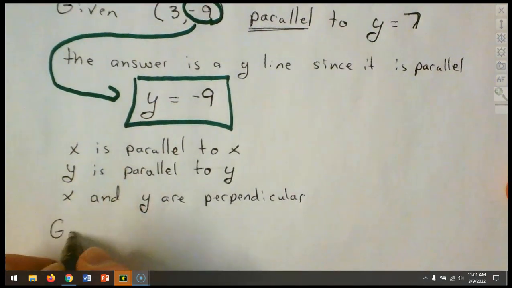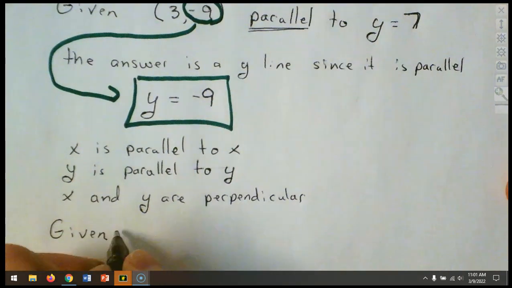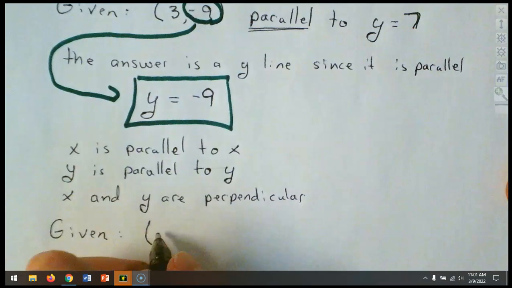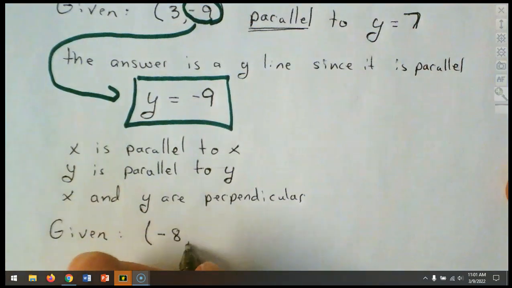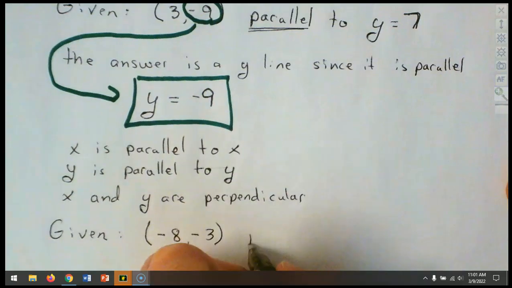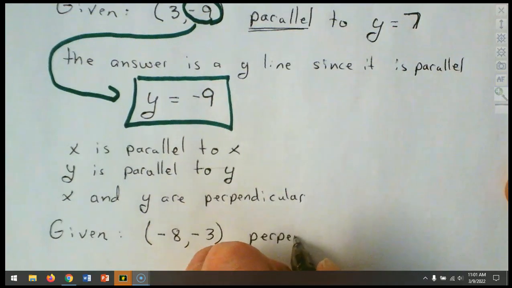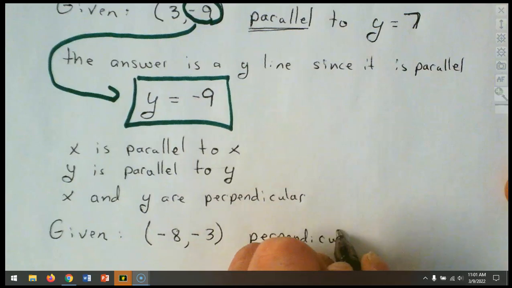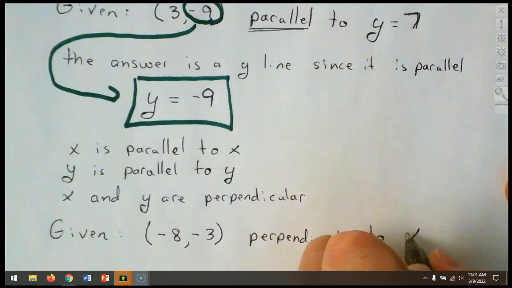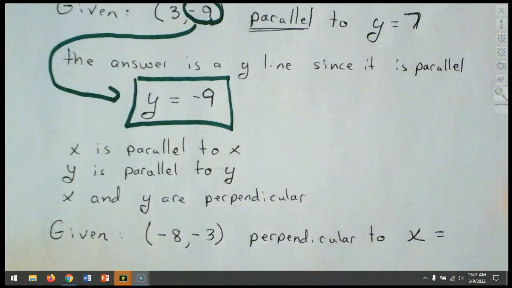So let's do another one, and we're going to have these in standard form again. And let's say you're given the point (-8, -3), and we want it to be perpendicular to x equals 15.